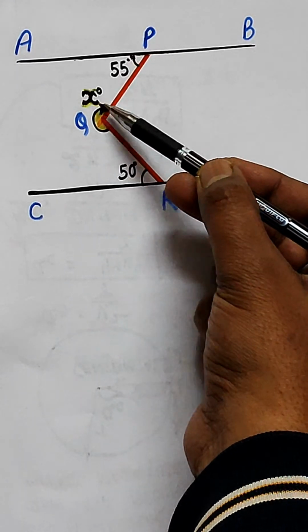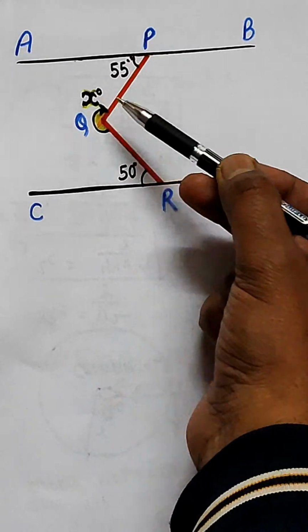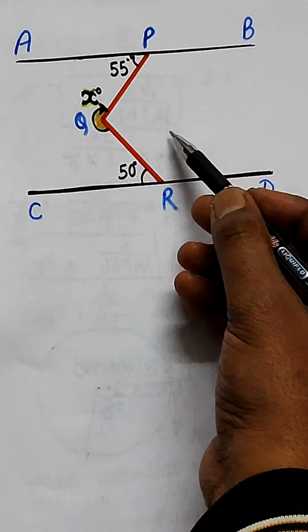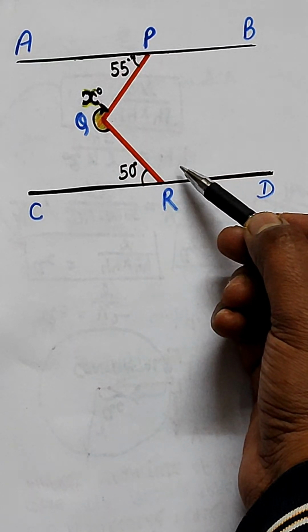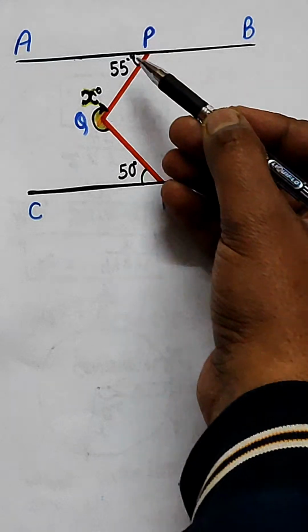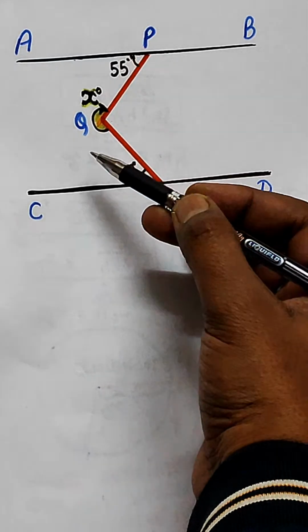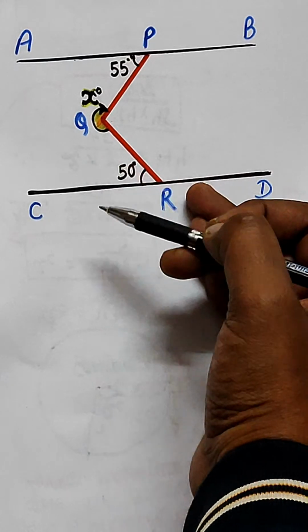This angle can be found by using some concepts which we should have in solving any lines and angles questions. Since these two angles are 55 and 50, we can calculate the value of angle x. How? Let us see.